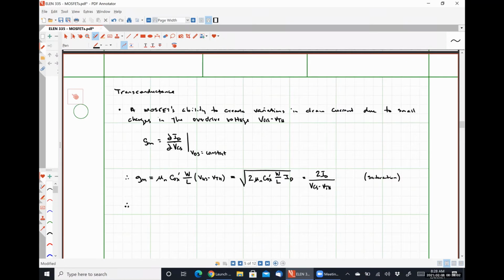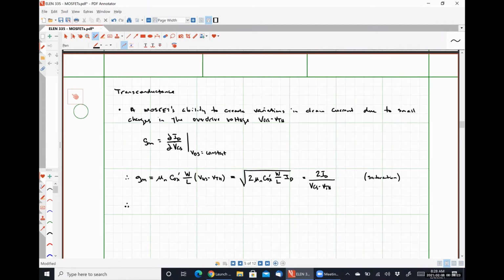Now, we are also going to have a transconductance in the triode region. Yes? That is correct. VGS minus VTH. So in the triode region, increases in VDS still increase our current flowing in our device.